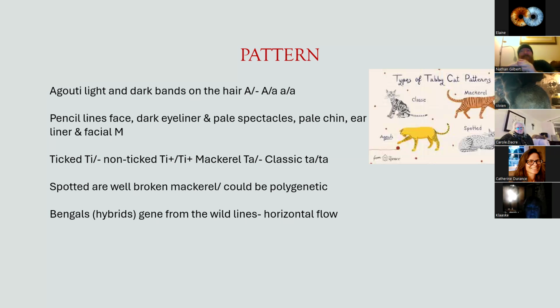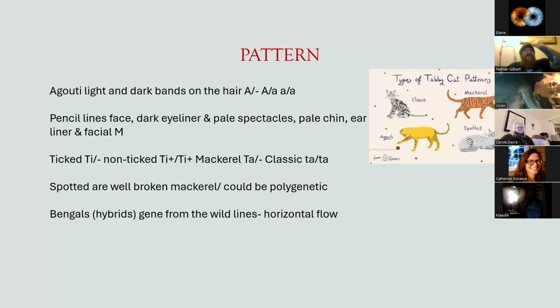That is just part of the tabby gene and the expression of tabby. They also have an ear liner. So all tabby cats will have a paler area just at the indent of the outer ear.